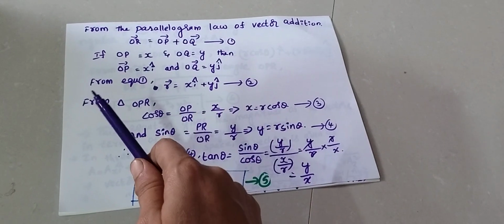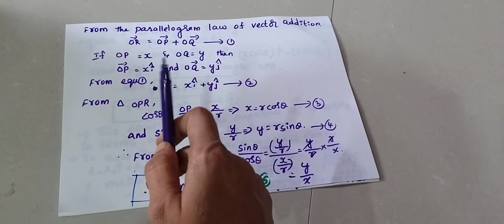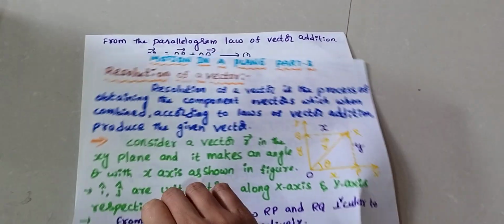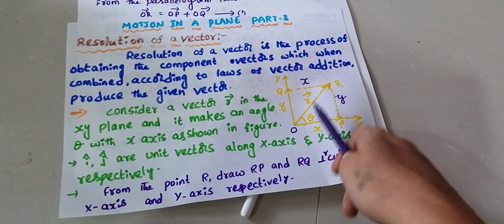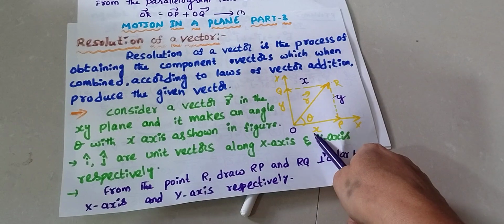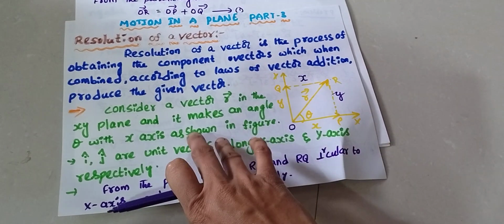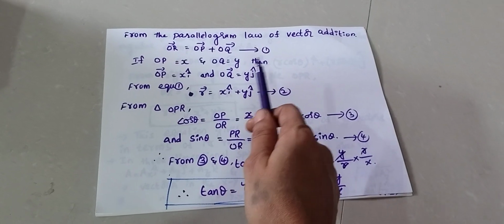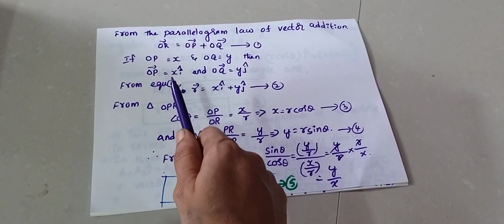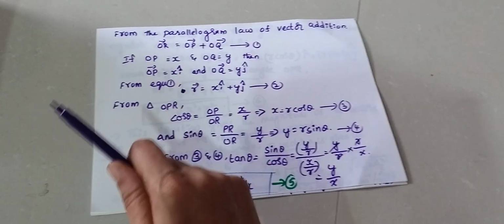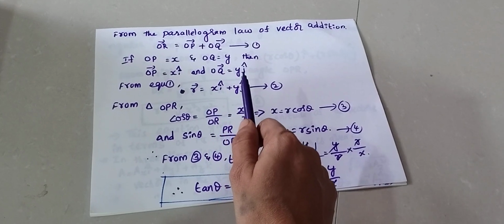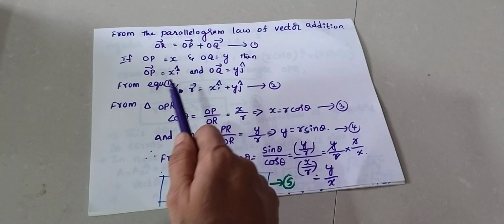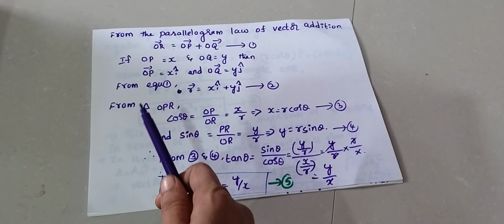As shown in the figure, OP is x and OQ is y. Then OP bar is equal to x i cap, and OQ bar is equal to y j cap, where i cap and j cap are unit vectors along the x-axis and y-axis respectively.